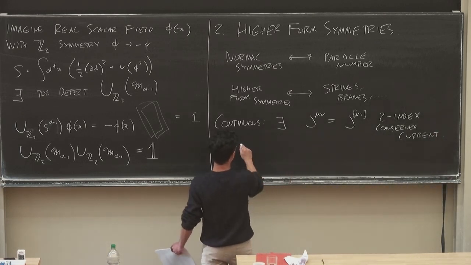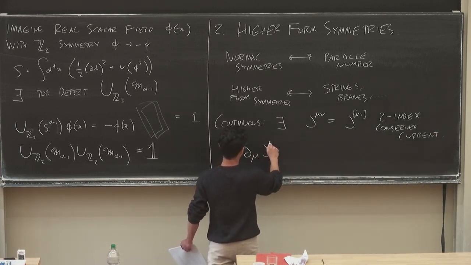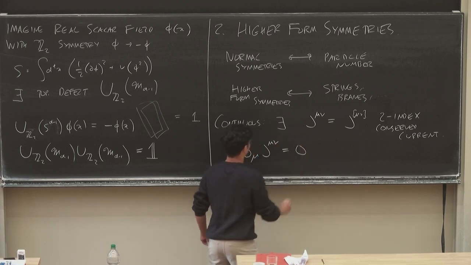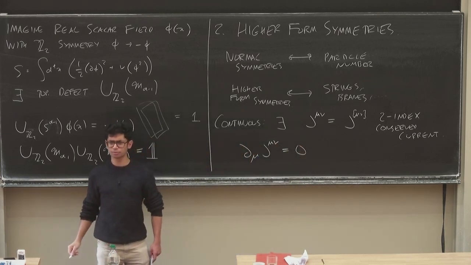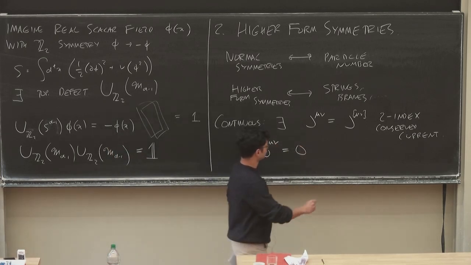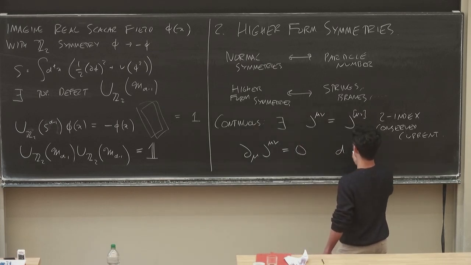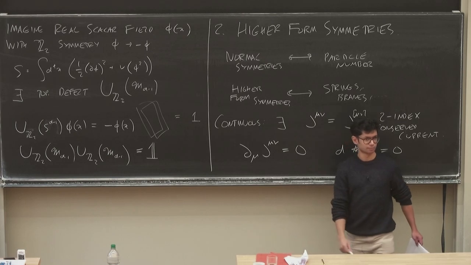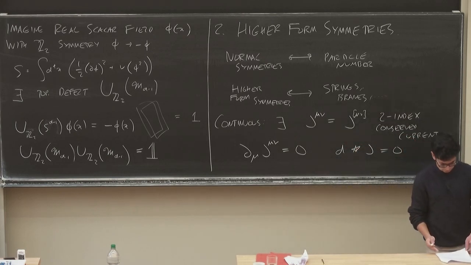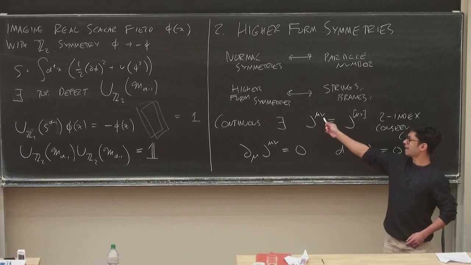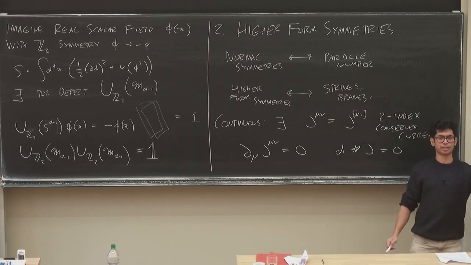Because it's conserved, that means that we have partial mu, J mu nu equals 0. Or in form language, d star j equals 0. So basically I have added one extra index to the story I told you yesterday.